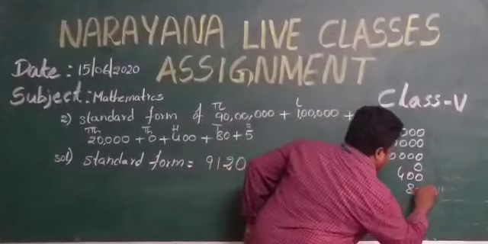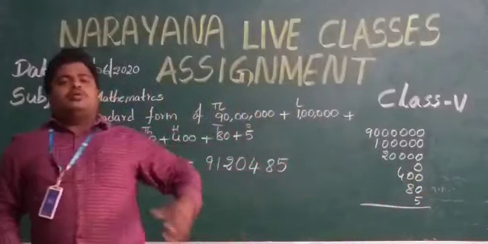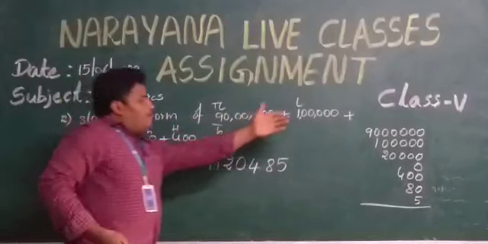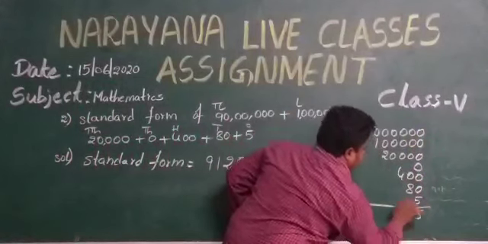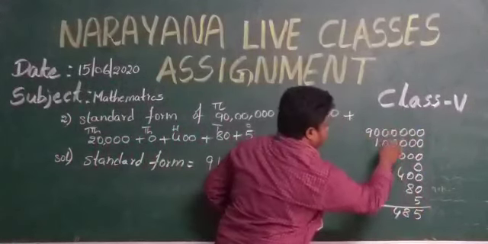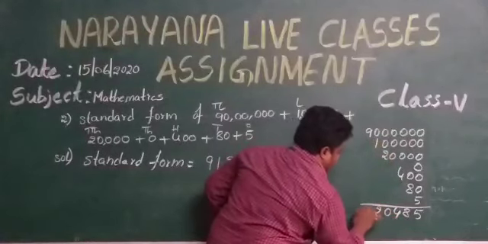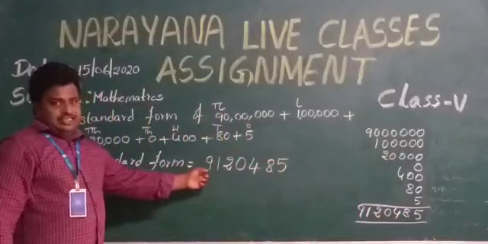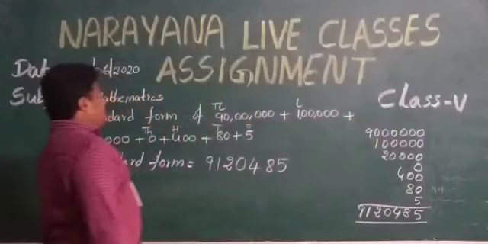Next tens place 80. Next ones place 5. So it will take some more time to write the standard form by adding all these digits 5, 8, 4, 0, 2, 1, 9.